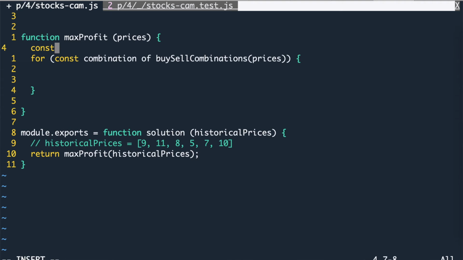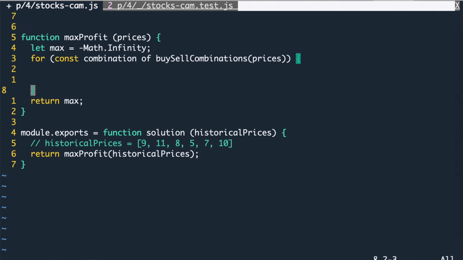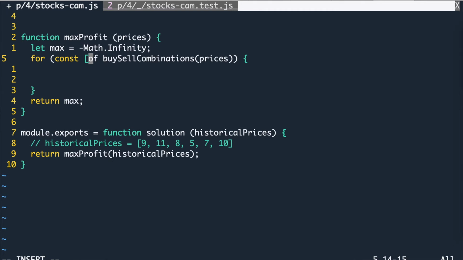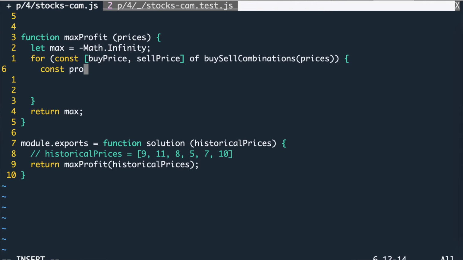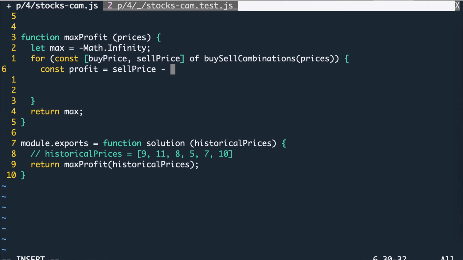You could say something like let max equal Math.infinity, I think it is. Basically, we want to go through each combination, and let's say it's an array with a buy price and a sell price. We would say, okay, profit is just going to be our sell price minus our buy price.